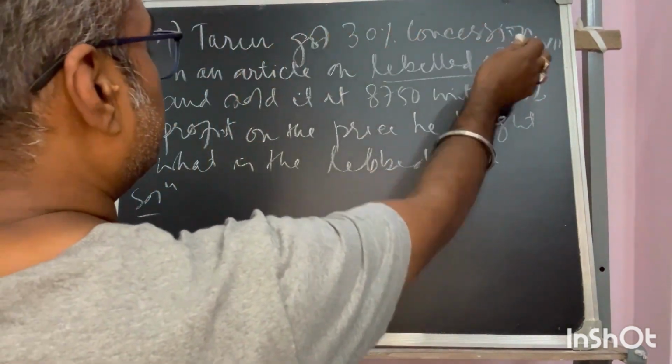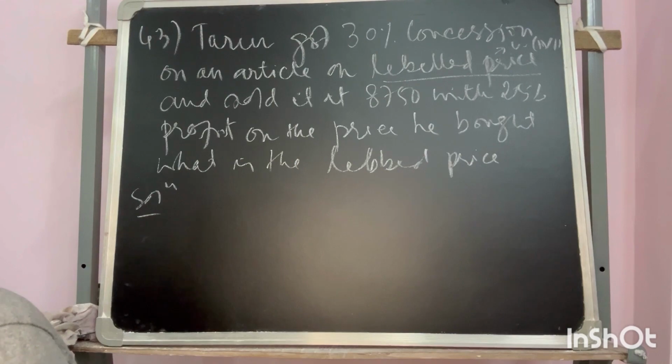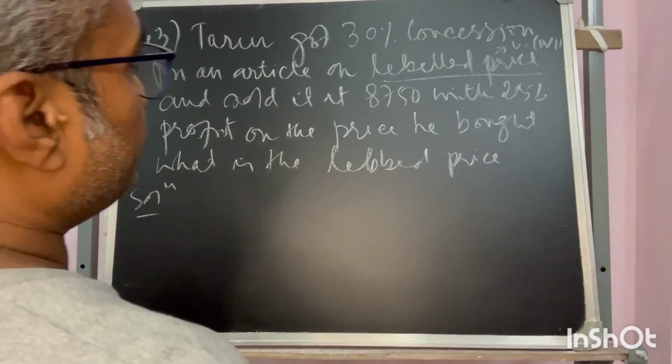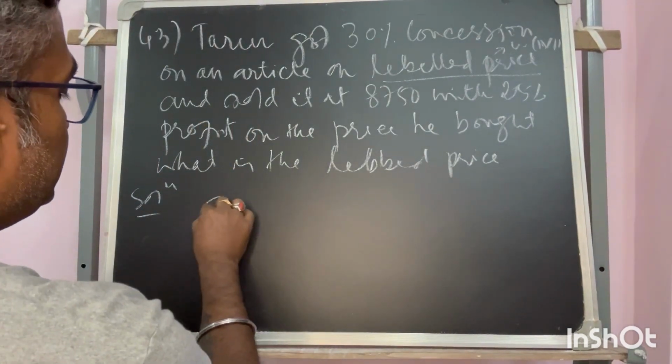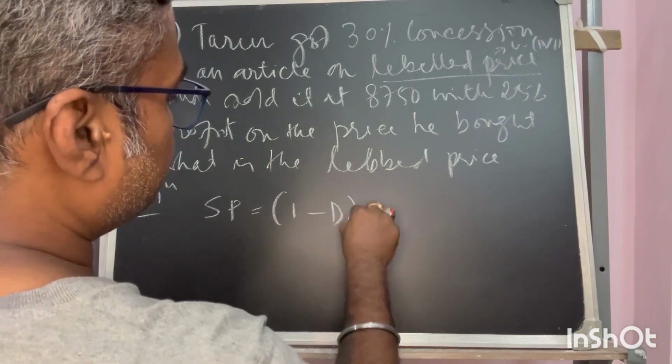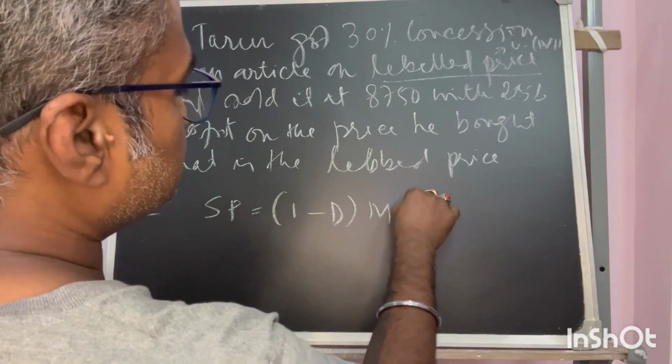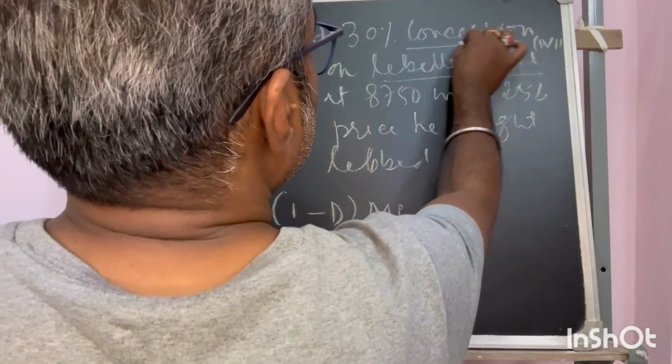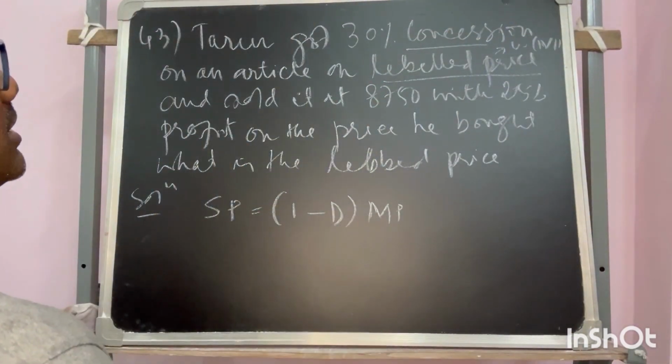And Tarun got 30% concession, so from there we can say that the selling price will be 1 minus discount times the mark price. The discount and concession are the same.